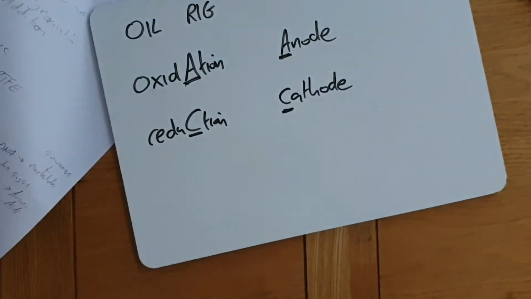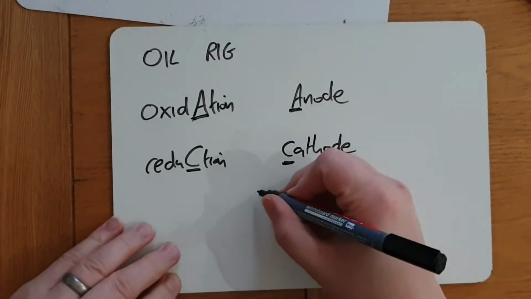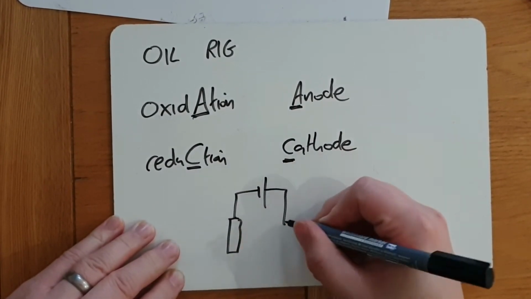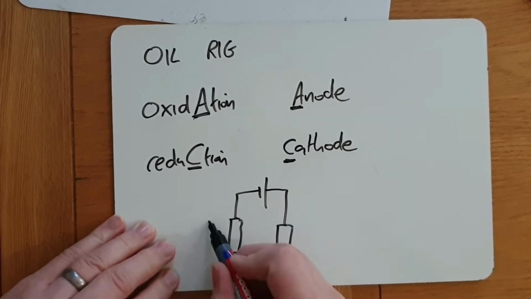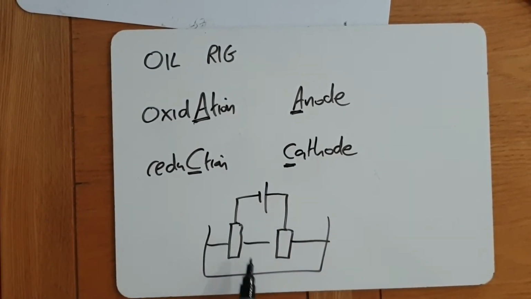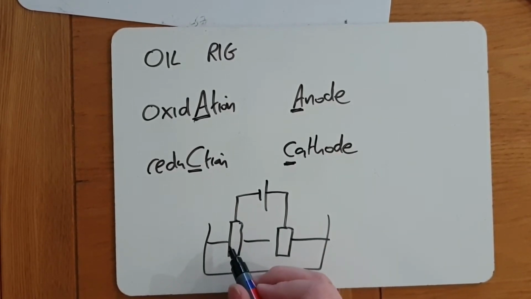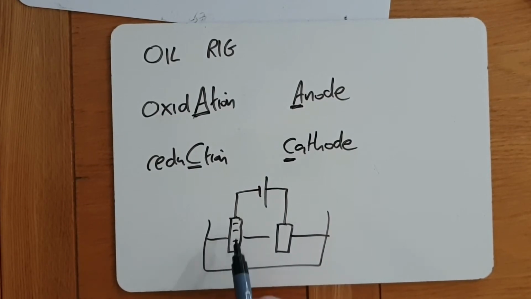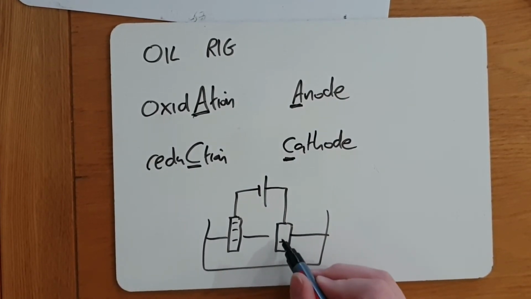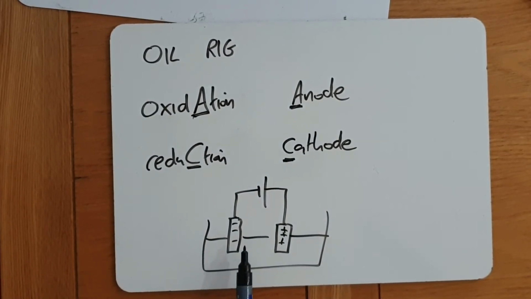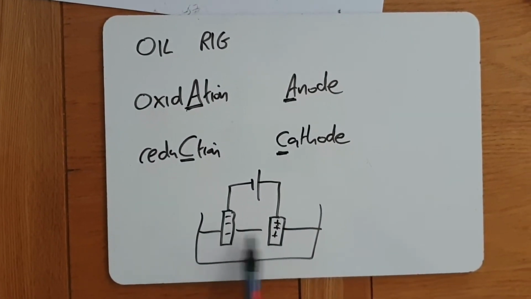So let's just show this here, draw this quickly. Let's stick our electrode here, stick our other electrode there. Right, we use DC, so it means if we make this one negative and we make this electrode positive, and if you can just very quickly try and remember the names of these.